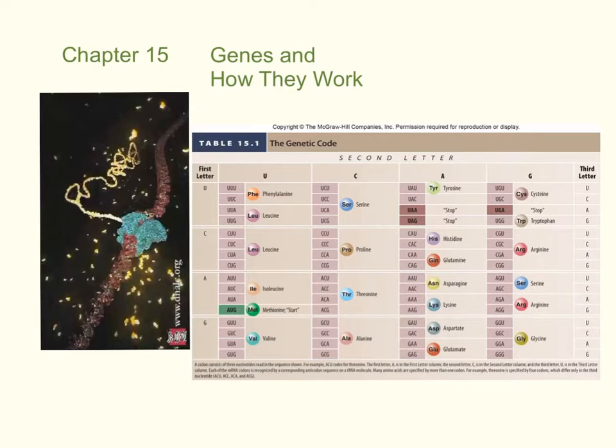The genetic code is read in groups of 3 nucleotides called codons. There are 64 possible codons. 3 of them, here, here, and here, represent stop, while 1 down here represents start.